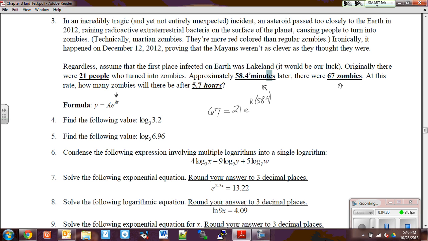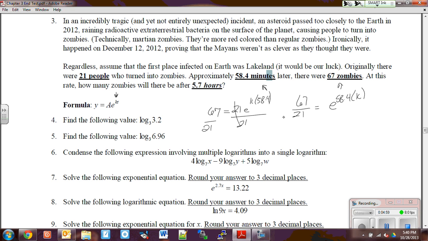All right, because approximately 58.4 minutes later, there were 67. So we have to solve this for k. So divide both sides by 21. And yes, I would recommend doing it this way. 67 over 21 equals e raised to 58.4k.